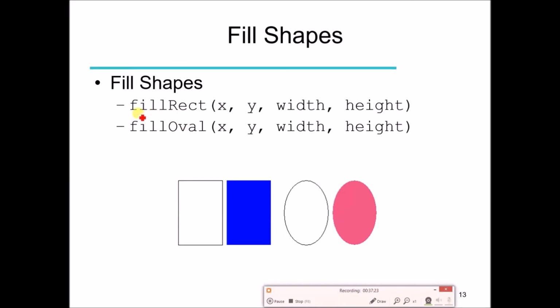Rather than drawRect, we are going to use the method fillRect. And in order to draw the filled oval, we are going to call the method fillOval. So they are going to work the same. Their parameters are the same: x, y, the first two parameters, which are the top left corner, and the width and height of the rectangle or the oval. But they are going to draw the shape filled from the inside.